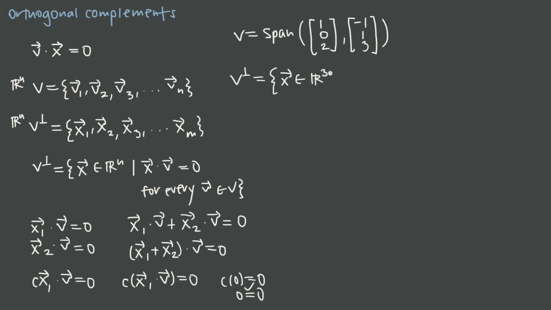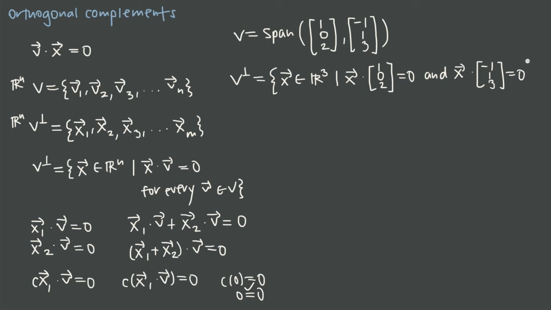So these are going to be the vectors in R3 where the vector x is always orthogonal to both of these vectors. So it's orthogonal to (1, 0, 2), which means x dotted with that vector is going to be equal to 0. And x dotted with (-1, 1, 3) is going to be equal to 0 as well.